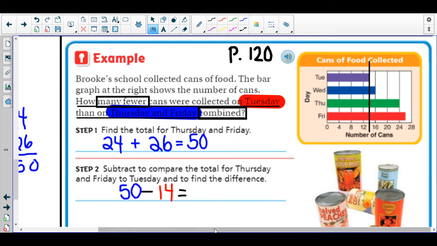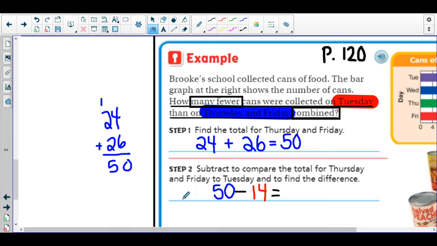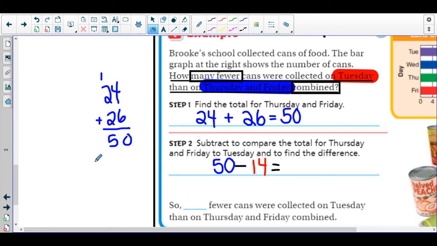All right, so when we subtract that over here, so 50 minus 14, I cannot take 4 from 0, so I need to borrow 1, add 1 to get, let's see, there's 6, and then 3.